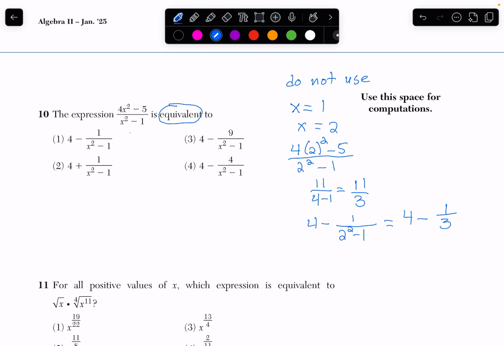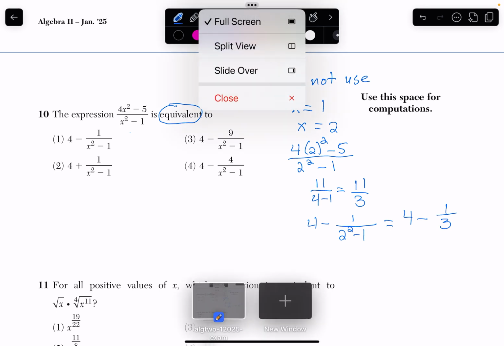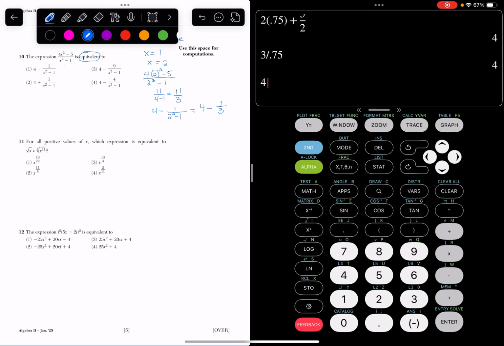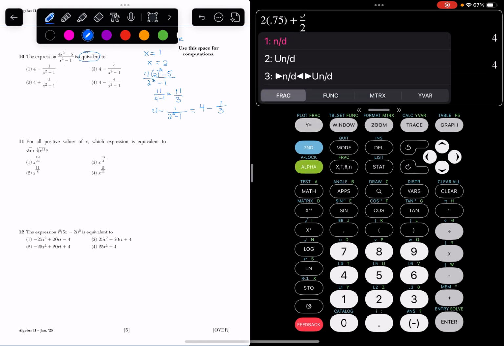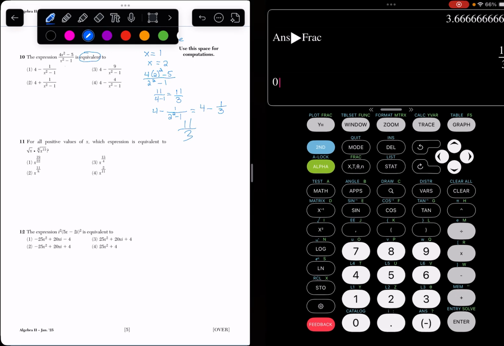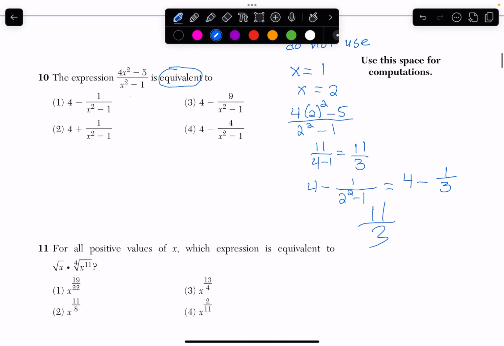Okay, so if you go to your calculator, you do 4 minus 1/3, and then we could change this to a fraction. I don't know why this calculator does it. Bothers me. This is also 11 over 3. Okay, that's the easiest way to do something like that.